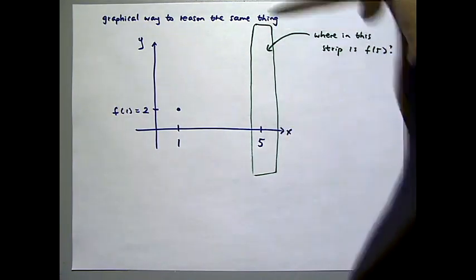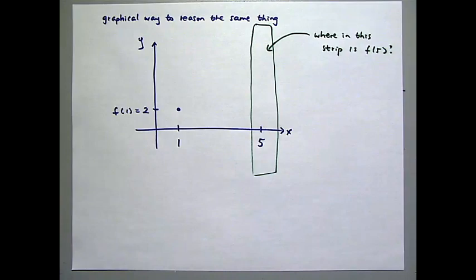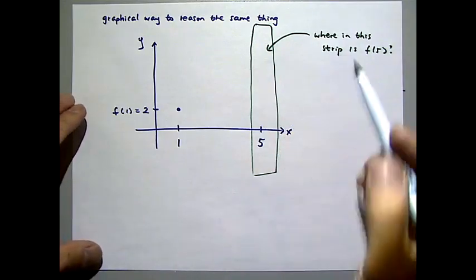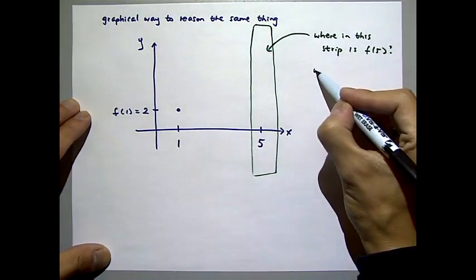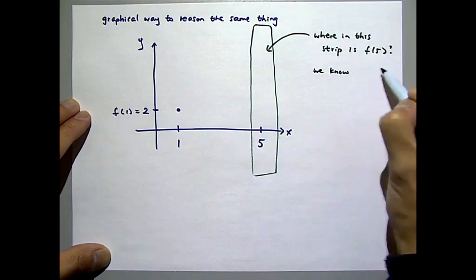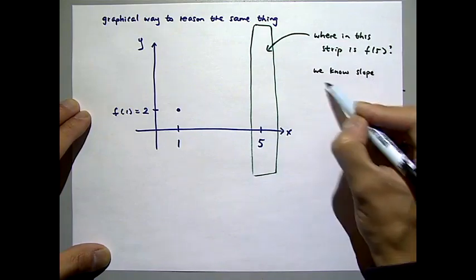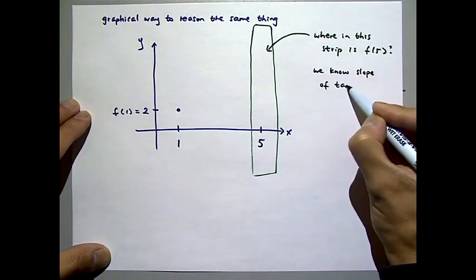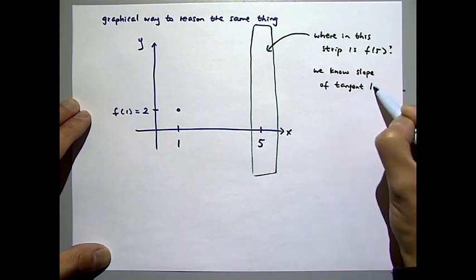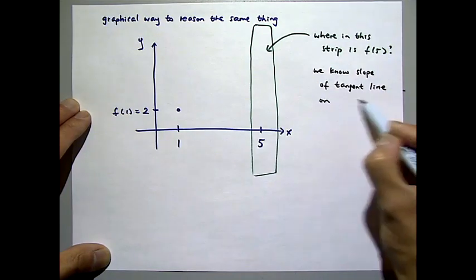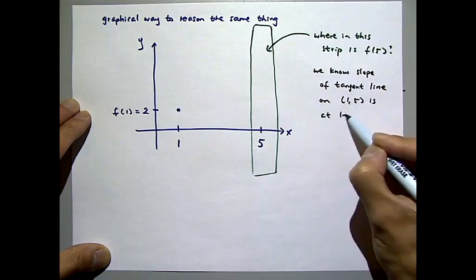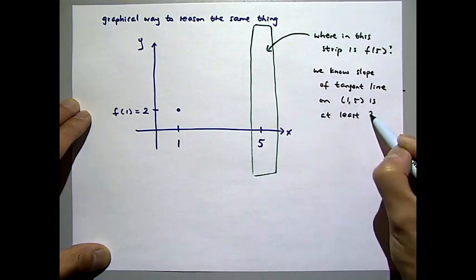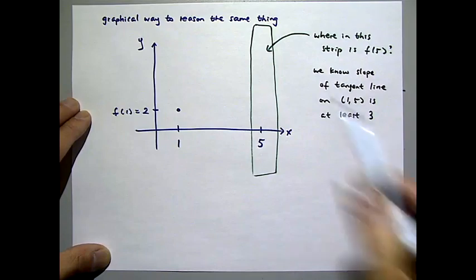It could be all the way up here, all the way down here. We don't know. But what we know from the statement is that the slope of the tangent line between here and here is at least 3.